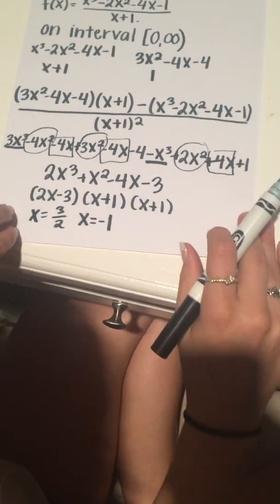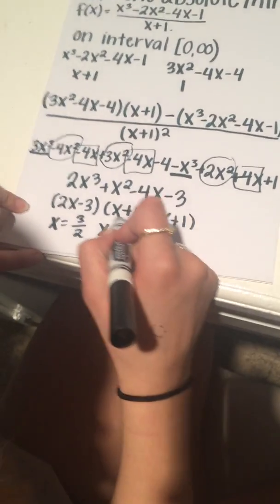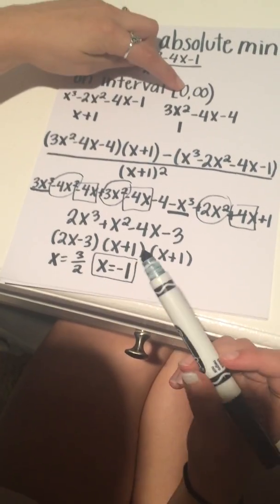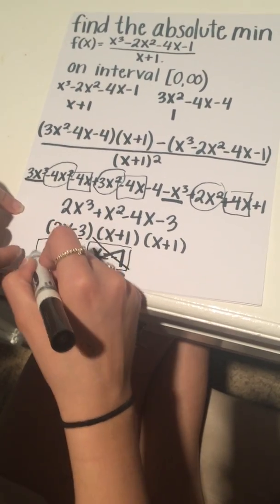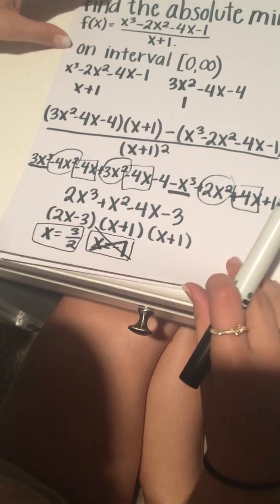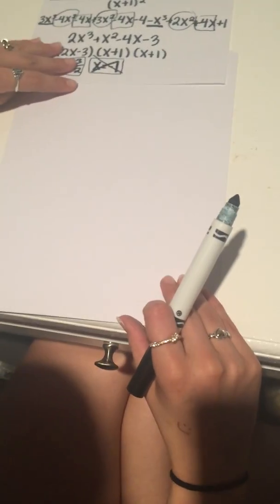So these are our critical points, but since this one's negative 1 and our interval starts at 0, we can x this one out, and so we have this point, and we're going to plug it and the 0 into the original function to find our values.